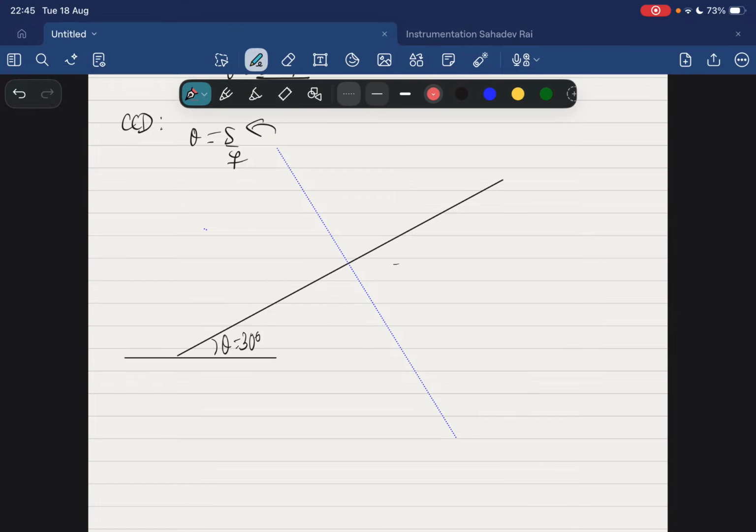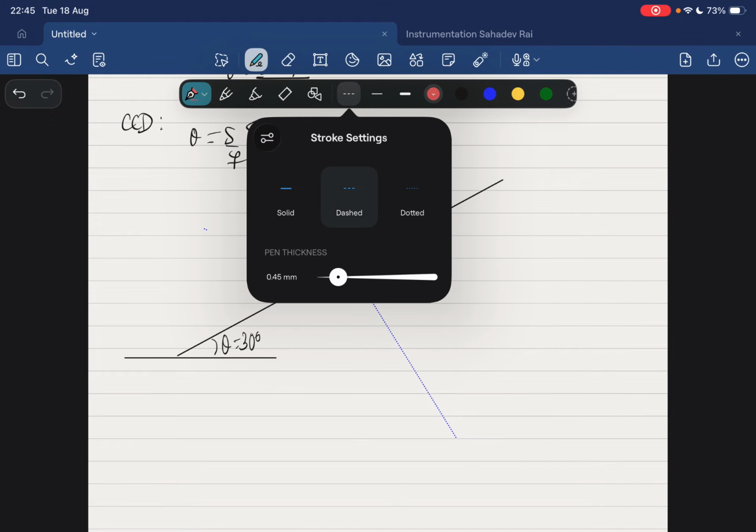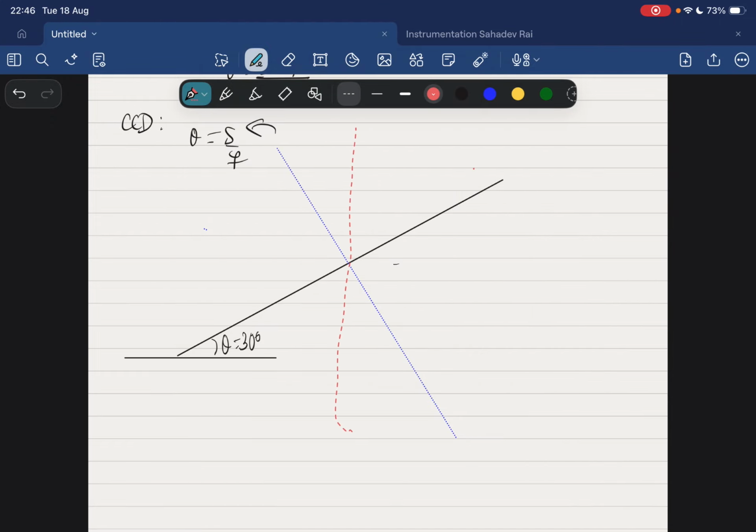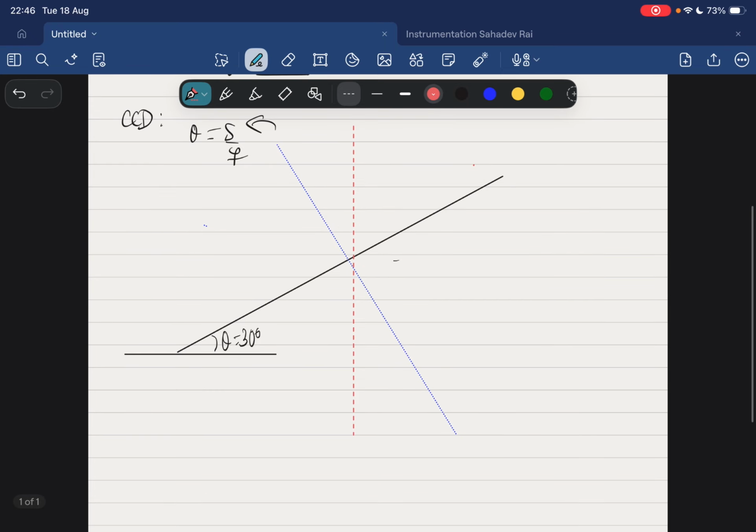And also I guess we need to make the undeviated path. This is the undeviated path, right?